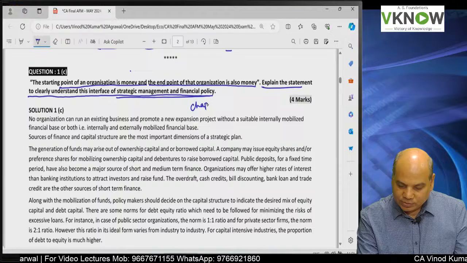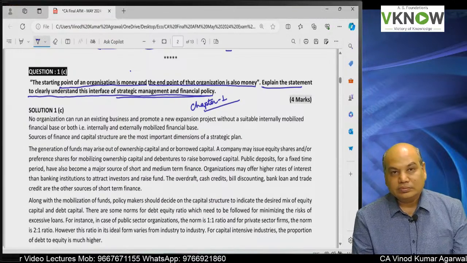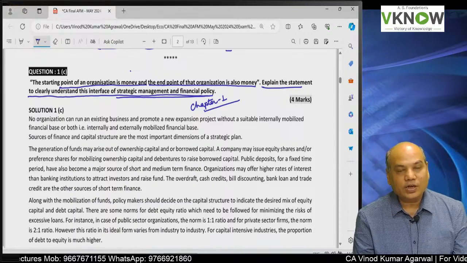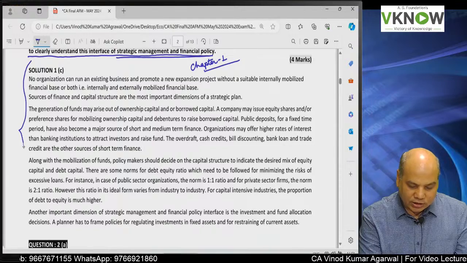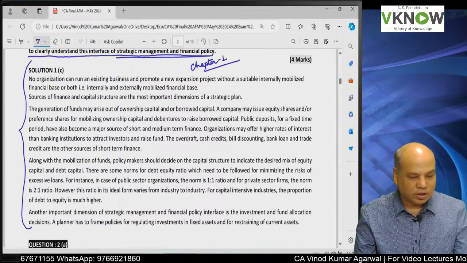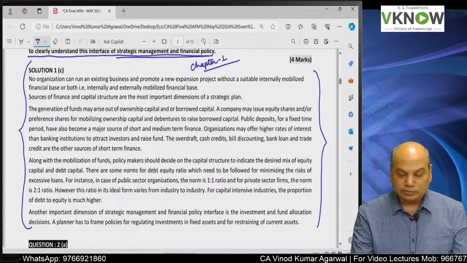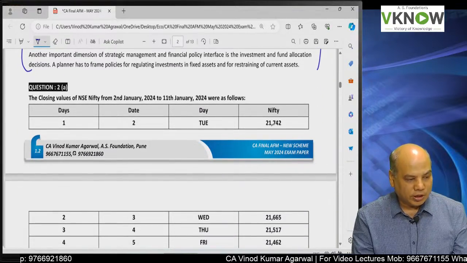This is from your chapter 1 of your AFM study material. Interface between strategic management and financial policy. So this is a theory question and I have given the answer taken from your study material only. This theory question you can just read yourself later. Download the notes from website vinod.in.